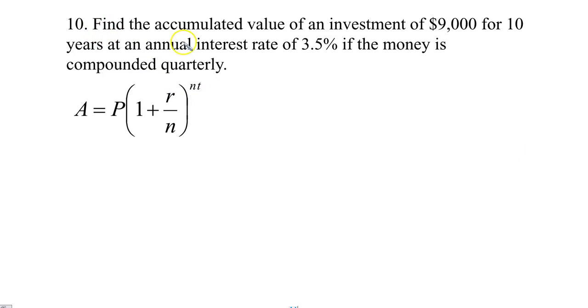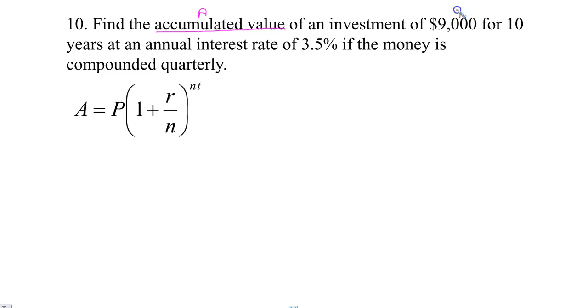This says find the accumulated value. This is the value of A that we're looking for. That's another name for A: the final answer, the accumulated value, the final amount, of an investment of $9,000.